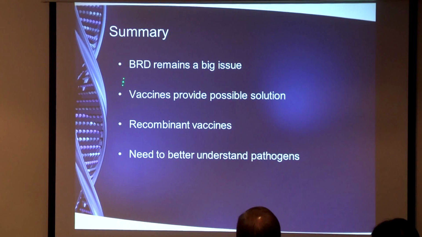So BRD remains a big issue. Vaccines, I guess we're all true believers in this next couple of days. We think that does provide an opportunity and a possible solution. In our hands, we think recombinant vaccines are probably a good way to go. But one thing we do need to do, and I think some of the speakers have already alluded to that in some of our talks today, is we need to understand these pathogens better.